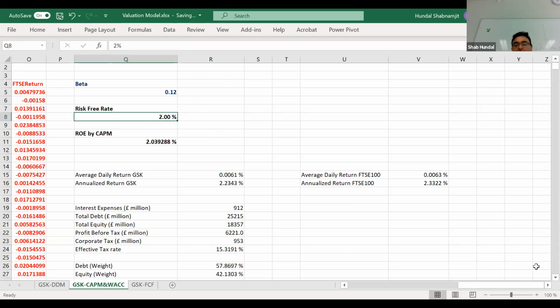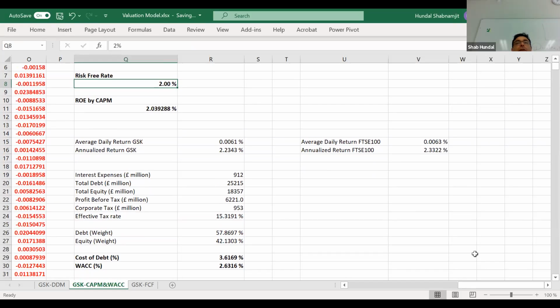And then I calculate our famous capital asset pricing model, which is equal to Q8, the risk-free rate, plus Q5, which is the beta, multiplied by, bracket starts, annualized market return, which is V16, minus the risk-free rate.